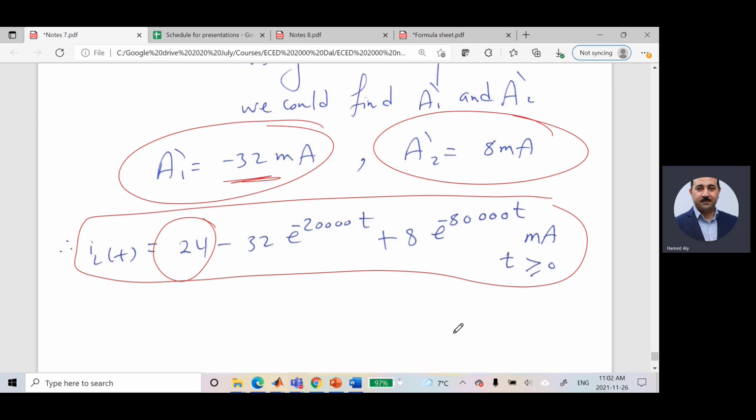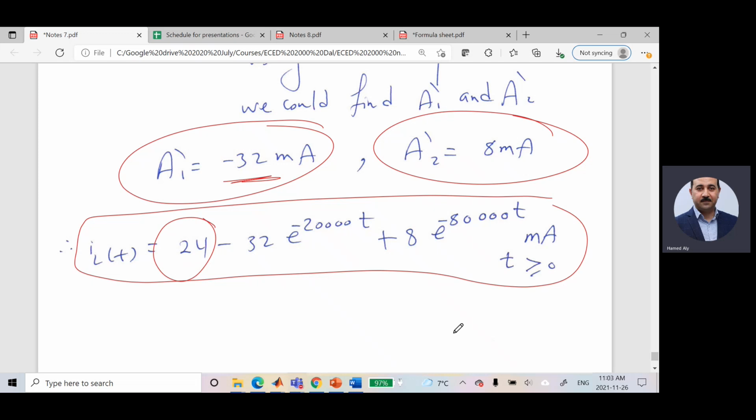So for any problem like what you are seeing, it's straightforward. What you have to do first is figure out whether the problem is parallel RC or series RC, parallel RLC or series RLC. Then I'm going to find alpha and omega, and compare between alpha and omega.